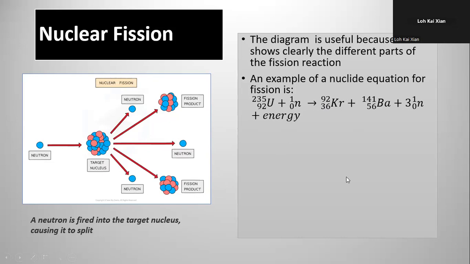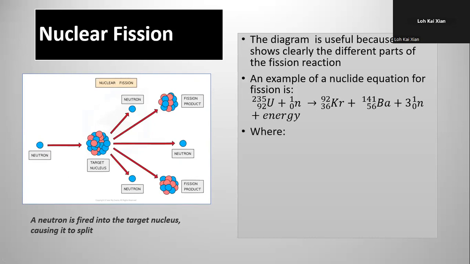Overall, nuclear fission is the idea when one atom gets divided into two, right? Usually this is a neutron, and this is unstable. So the neutron causes it to split into two smaller ones. The idea is a big one splits into smaller ones, and you have 2 or 3 neutrons.